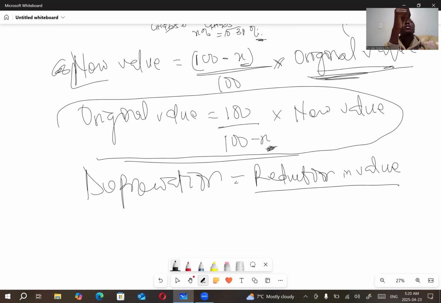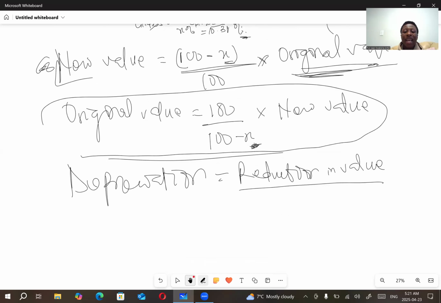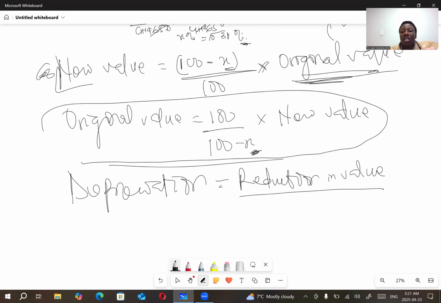Oh wait, he said new price. Oh yeah, from the original price. That was good grammar. So that's going to be 500 minus 300, right? So don't say that. The first two formulas you've written, there is no expression like reduction in value.